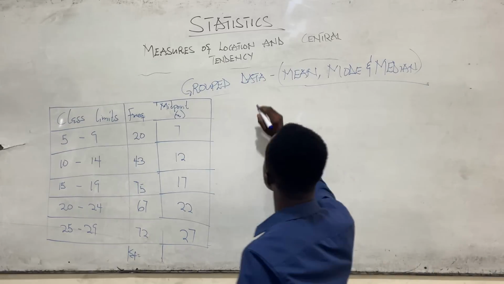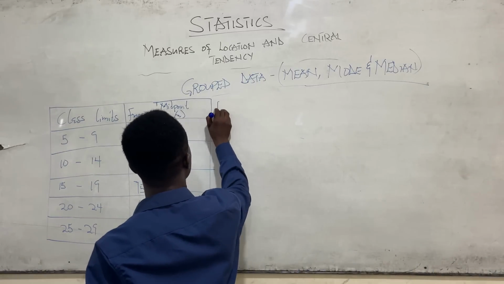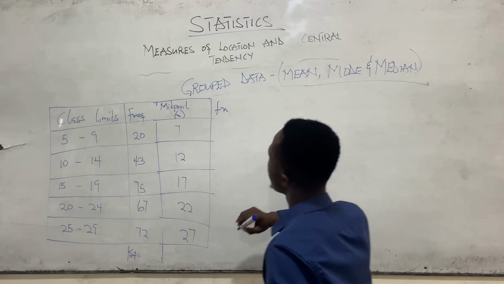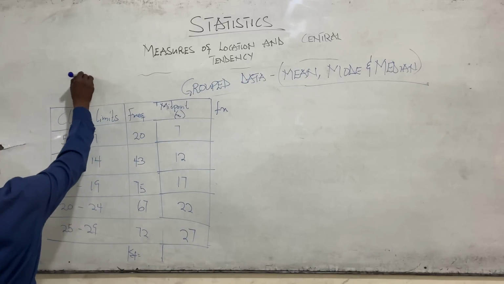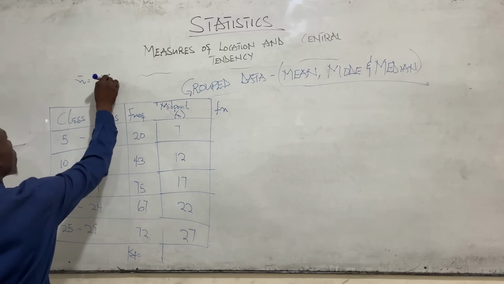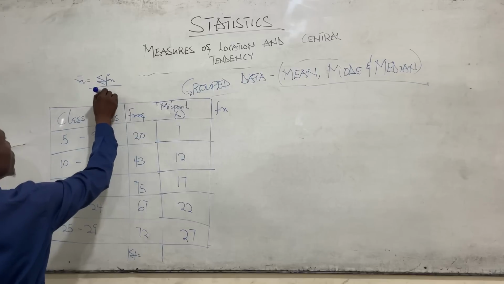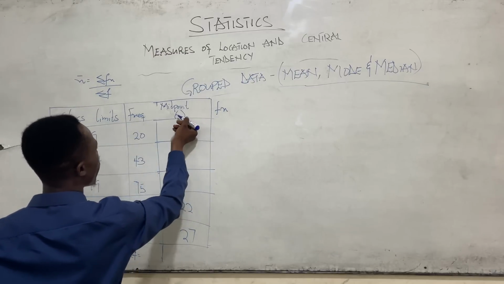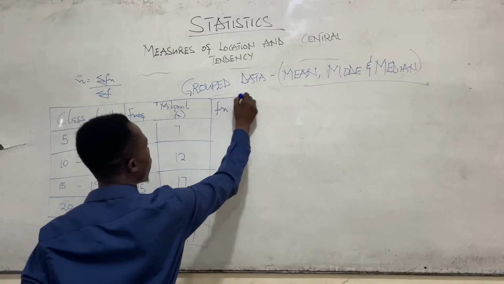Okay, so now the fx, let me write the formula here so that you don't forget. Mean is equal to sigma fx over sigma f, and so the fx that you see is what is here, because we have our x and our f.